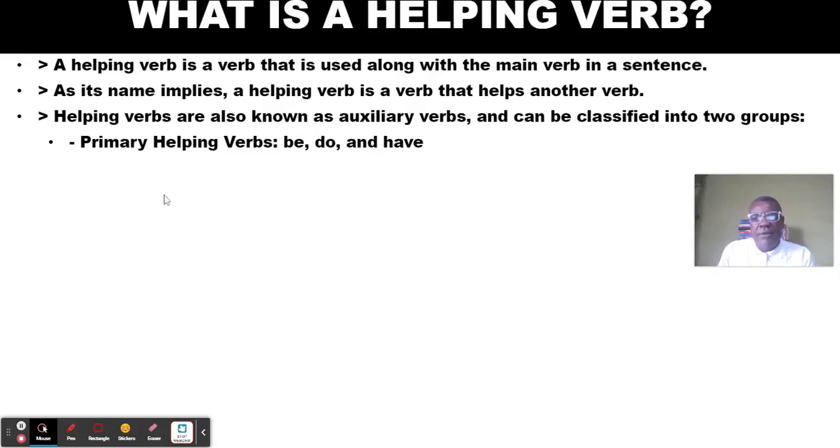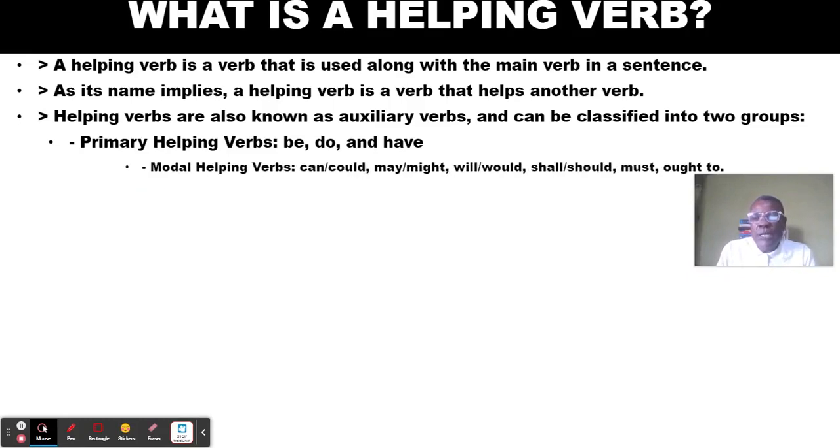These are the primary helping verbs, and one unique thing about these primary helping verbs is that they can be used as main verbs and also as helping verbs. But today we are looking at these three of them from the angle of their function as helping verbs.